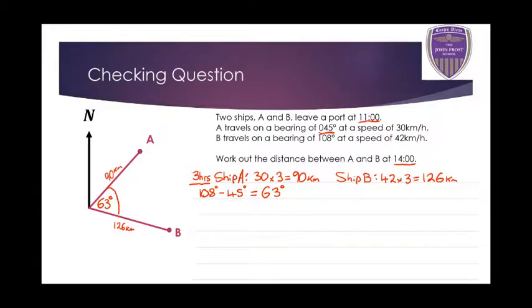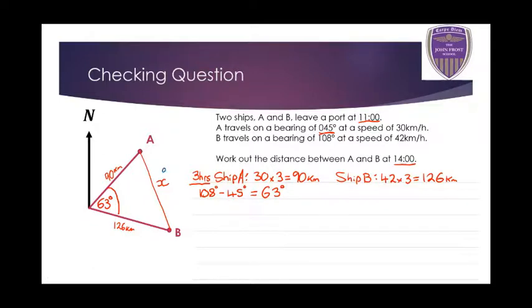So now we've got this, we can have a go at finally answering the question. We're trying to find this missing side here, the distance between A and B, and we're going to call this x. So let's label up our triangle again, using a different pen color to make this easier to see.